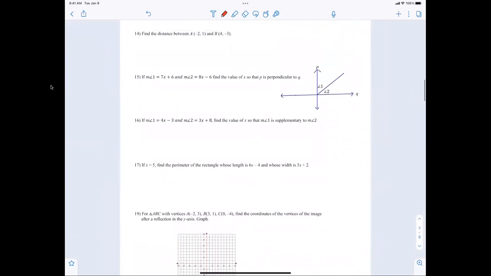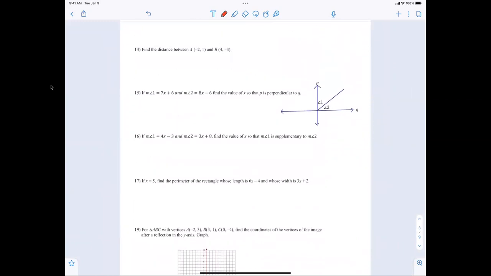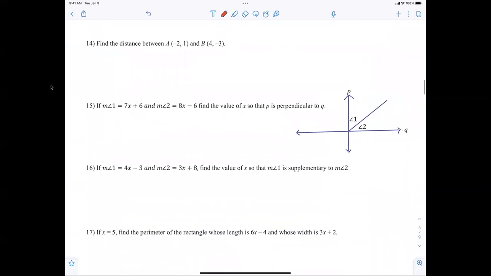Anybody have any questions on 14 through 19? Yes, sir. 15. Let's look at 15. So this picture over here is what the drawing is supposed to be. So if they're perpendicular, what does that mean the angles add up to?